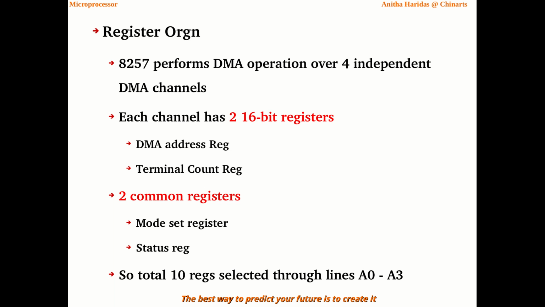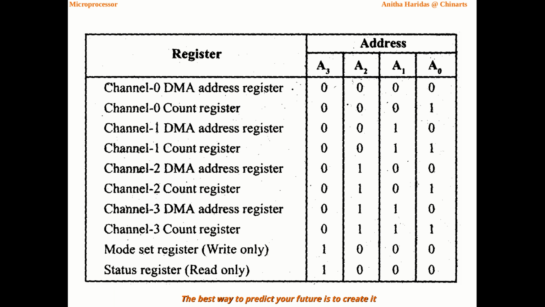So 0, 0, 0, 0 can be set for register 1, 0, 0, 0, 1 can be set for register 2, 0, 0, 1, 0 can be set for register 3. The same way 1, 0, 1, 0 can be set for register 10. So totally 10 registers can be selected using 4 address lines, which is A0 to A3.